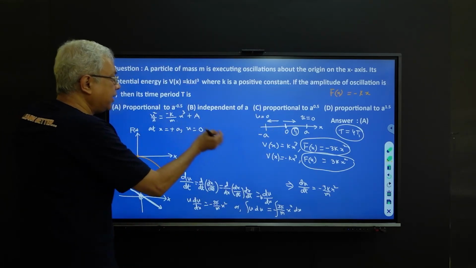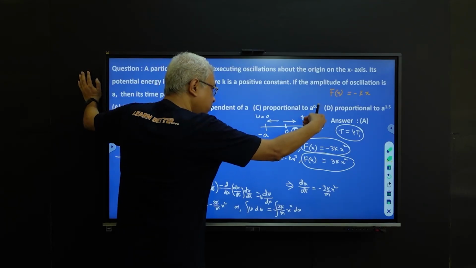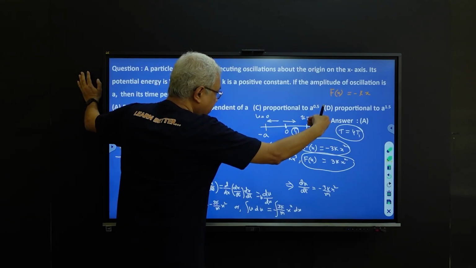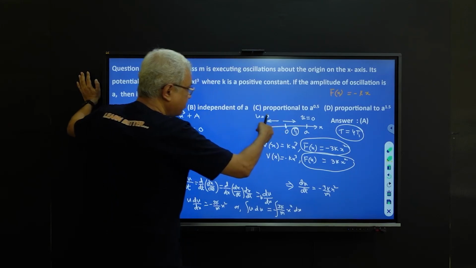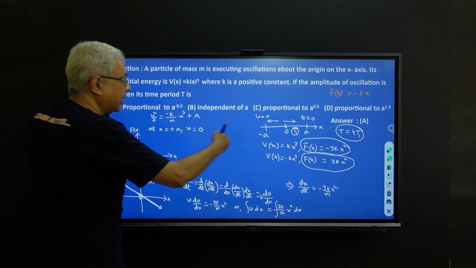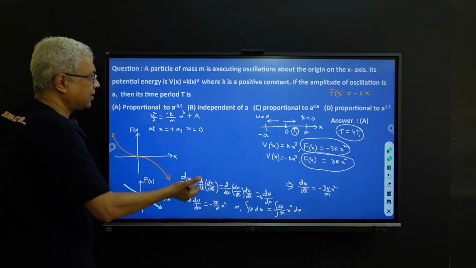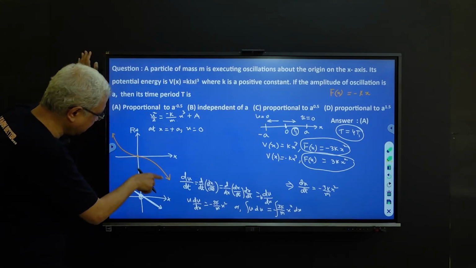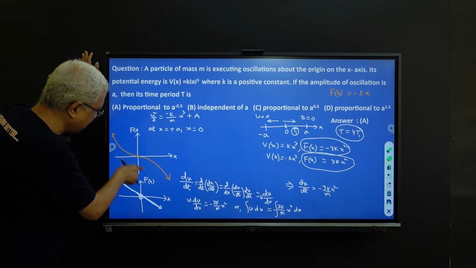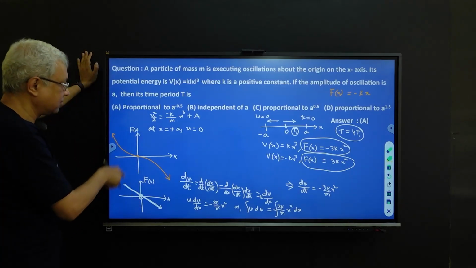Since there is a restoring force acting purely in the negative x-direction, it comes back along the negative x-axis. What happens exactly in simple harmonic motion? Only thing is that the force versus x plots are a little different in both cases.